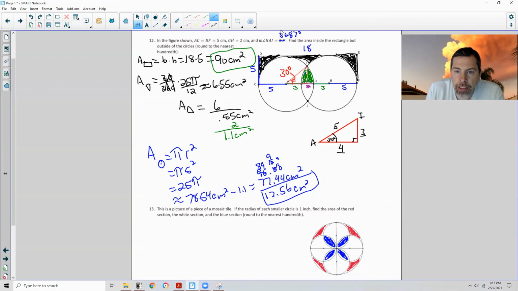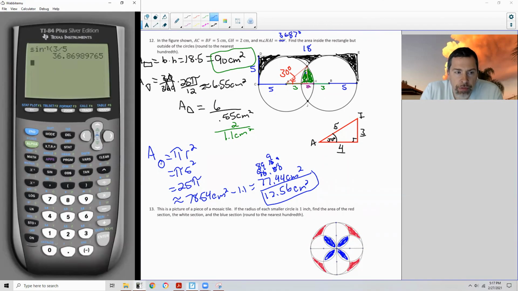Because if that is 36.87 degrees and I take the sine of that, I get 3/5.